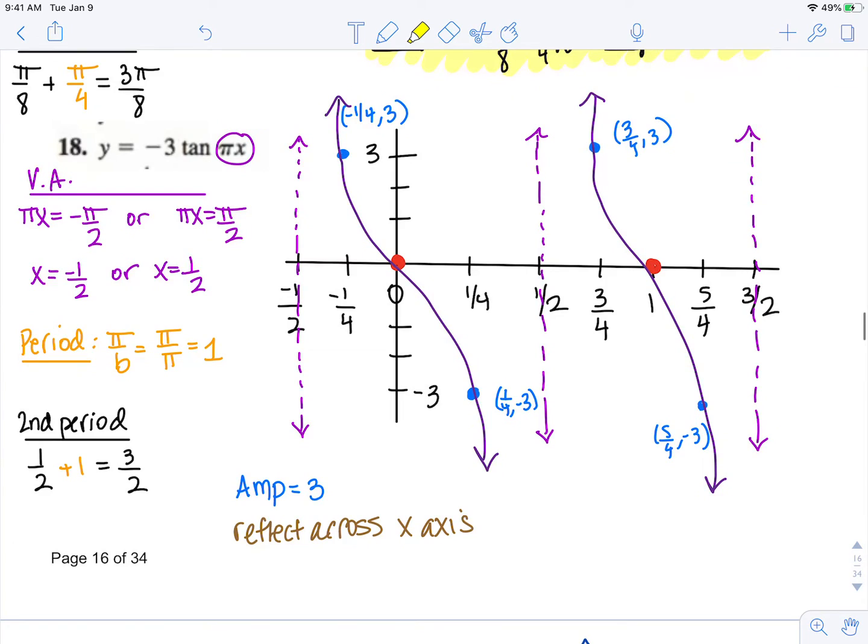Same here on number 18. If I'm looking for my domain, I know x cannot equal the very first asymptote plus multiples of that period. And our range is going to be from negative infinity to infinity.